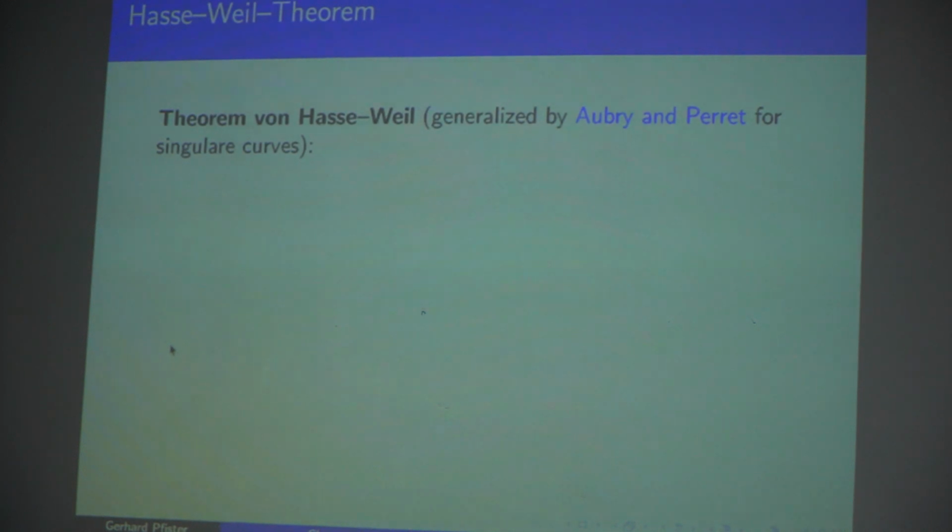Now what we need is a theorem which guarantees the existence of such a solution.